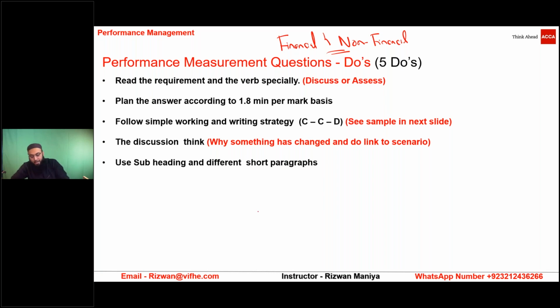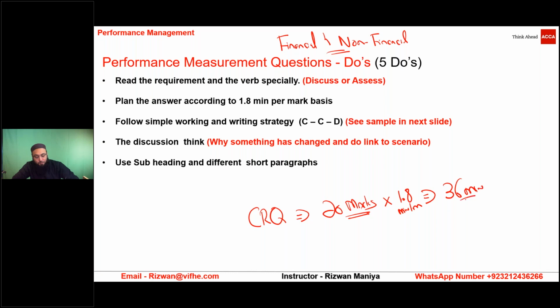Listen, if a CRQ comes, which has a very high chance of being 20 marks on financial and non-financial, then considering the exam standards, you have 1.8 minutes per mark, so in total you have 36 minutes to solve the question.